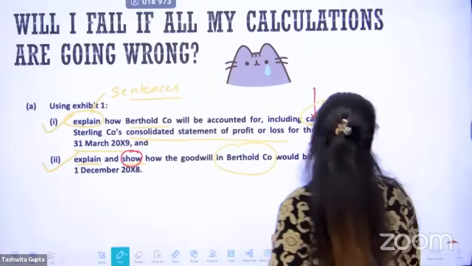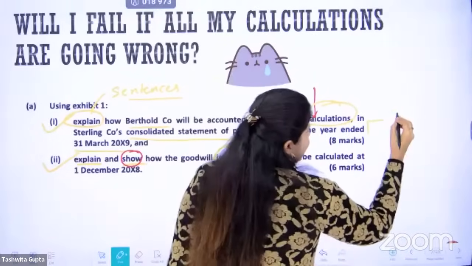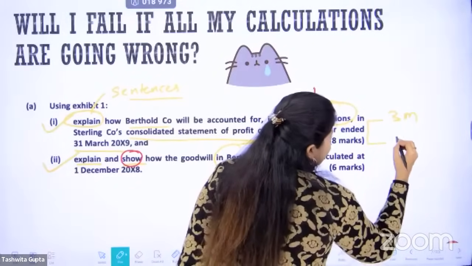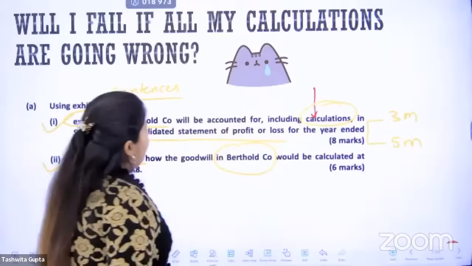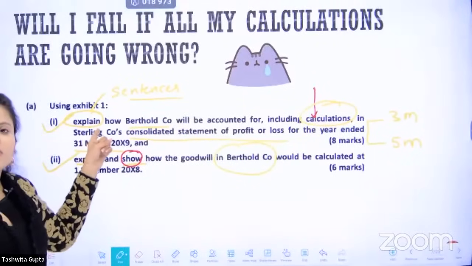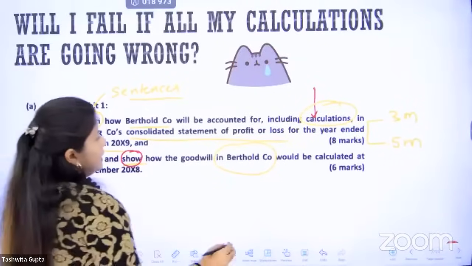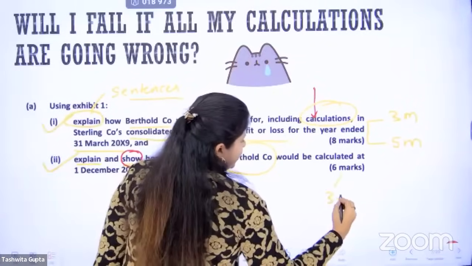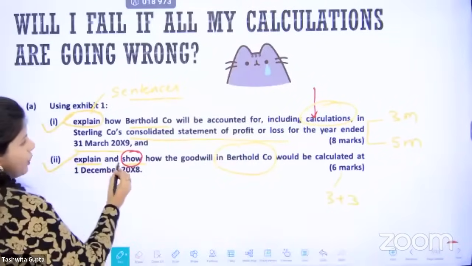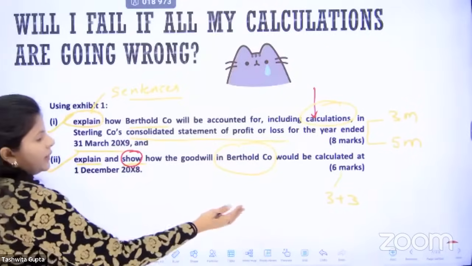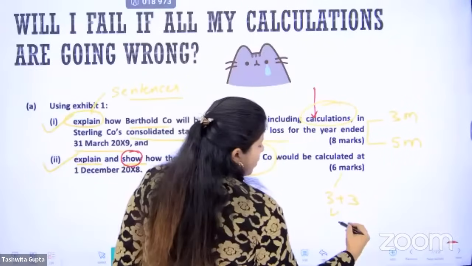So out of 8 marks, I would give 3 marks for calculation, 5 marks for explanation. Why? Because you can see the prominence of explanation here. It's written first. Then here also, you can do 3, 3 if you want, because they've written explain and show. So 3 plus 3 you can do, or 4 plus 2 also you can do.